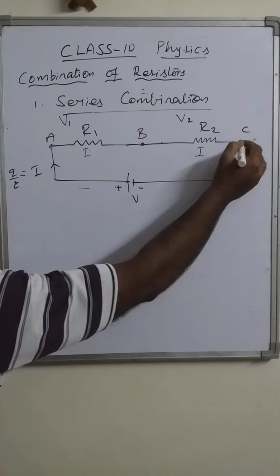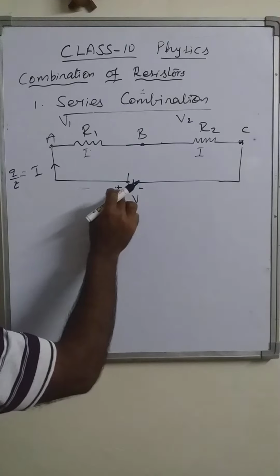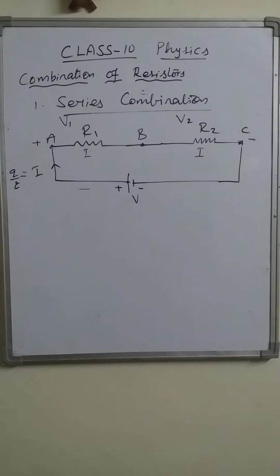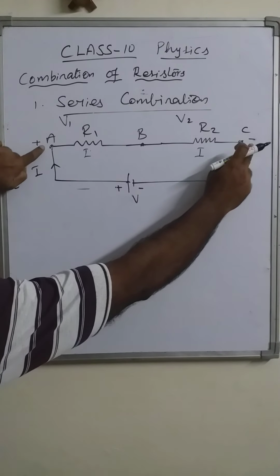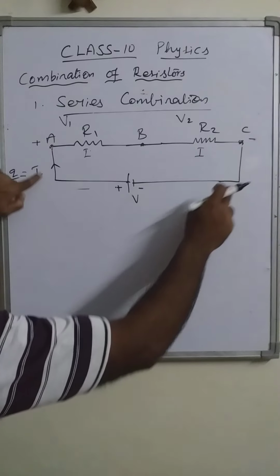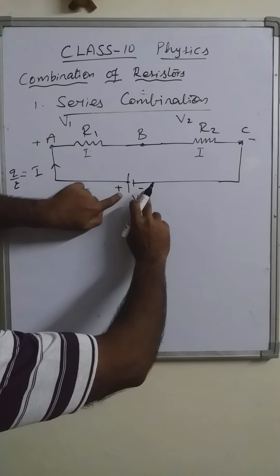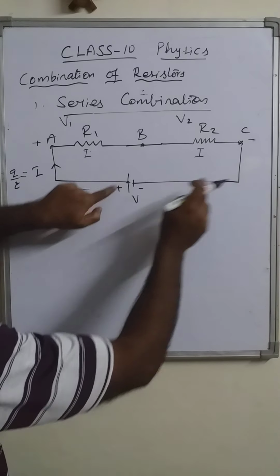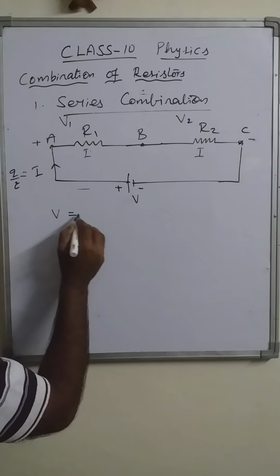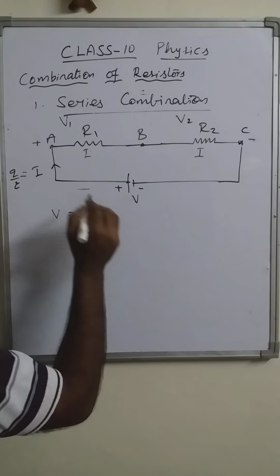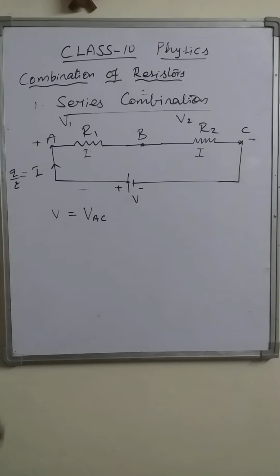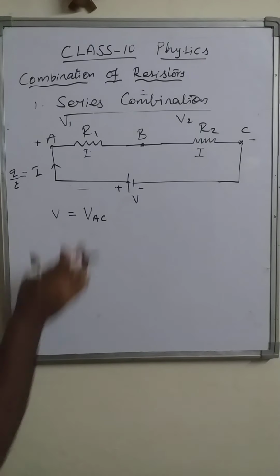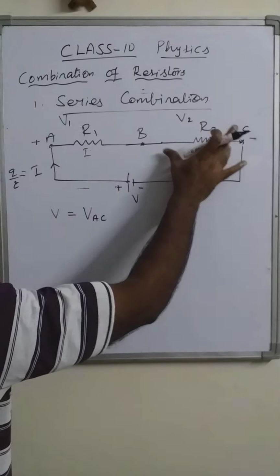Across the points A and C, point A is connected to the positive terminal and C is connected to the negative terminal. So the potential difference across these two points A and C is obviously equal to the potential difference across the cell, because in between there is no resistance. The potential difference across these two points is also divided into two parts, V1 and V2.